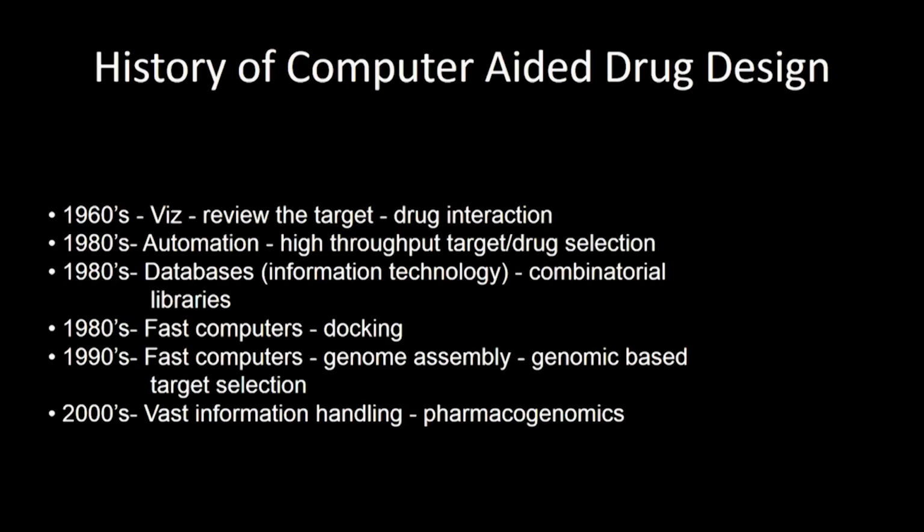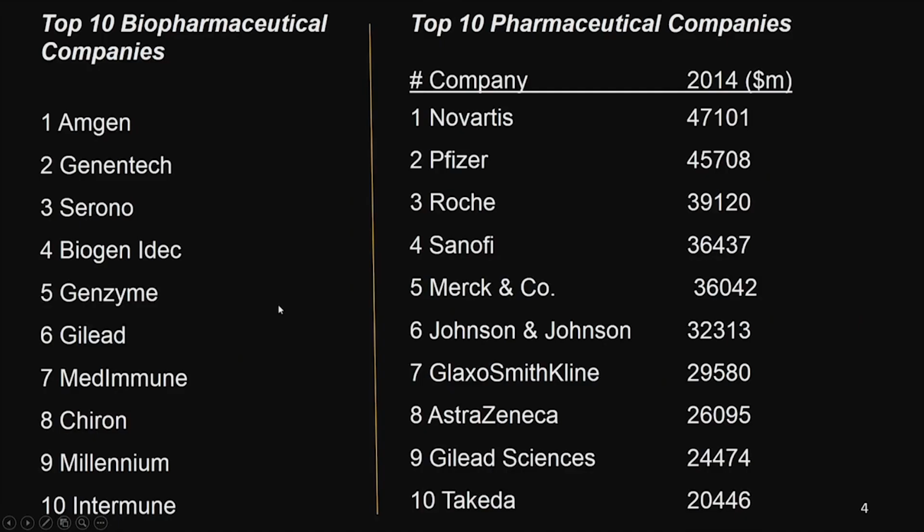Let us look at the names of some companies involved in drug discovery. Of course, this is more for overall knowledge or picture. The top 10 pharmaceutical companies, you might have heard about them. This is 2014 data: Novartis, Pfizer, Roche, Sanofi, Merck, Johnson & Johnson, GlaxoSmithKline, AstraZeneca, Gilead, Takeda.